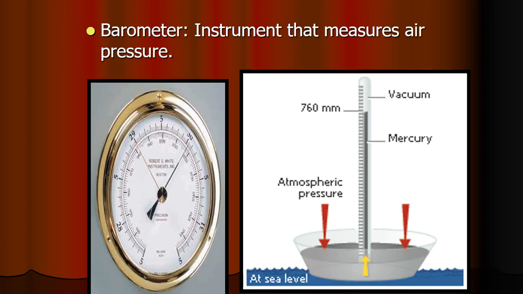A barometer is what measures air pressure. The one that you are more likely to see is the one here on the left that has the numbers on it. The one on the right is a drawing of an older style barometer that you don't really see used much anymore because it has mercury in it, and mercury's poisonous, so we really don't use that much.